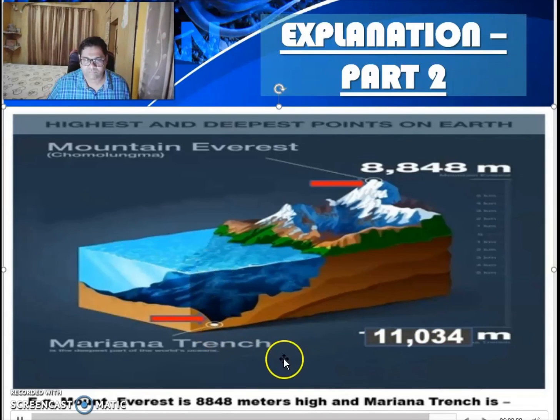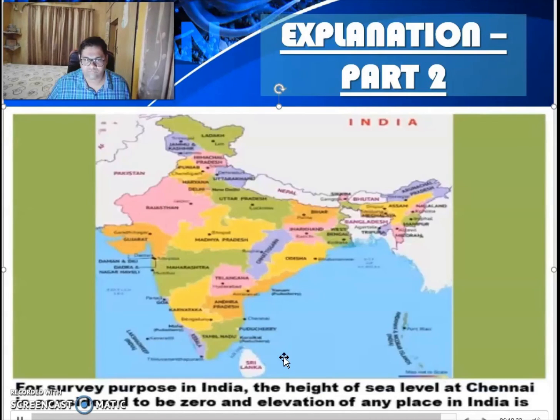Means the Mariana Trench is deeper than the height of Mount Everest. These are the highest and the deepest points on the earth. For survey purposes in India, the height of the sea level at Chennai is considered to be 0, and the elevation of any place in India is measured with reference to this place.